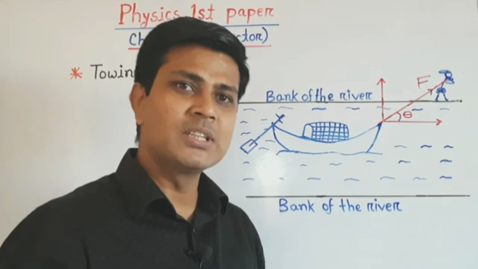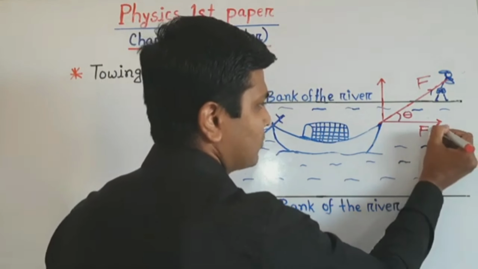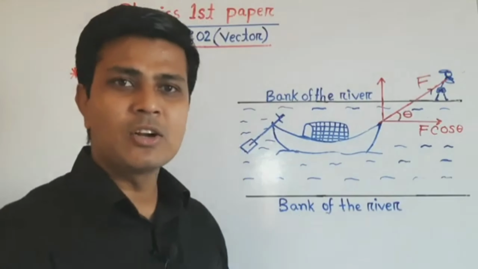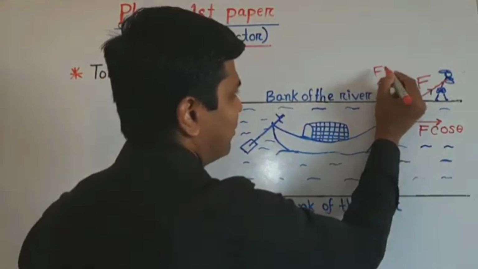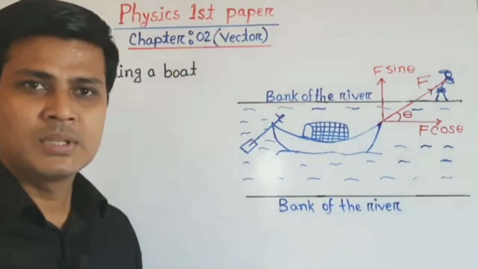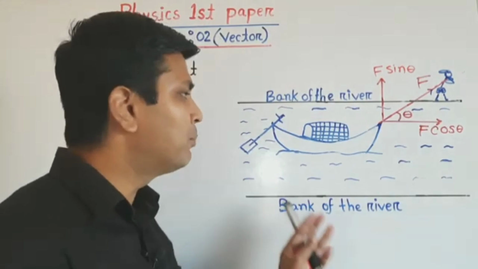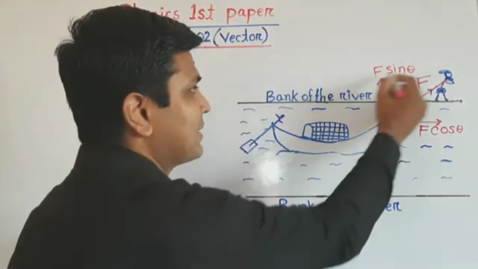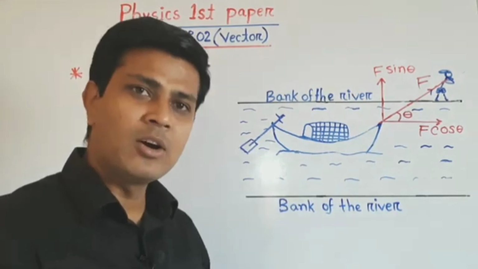As you know, the horizontal component of the vector resolution is F cos theta, and the vertical component of the applied force will be F sin theta. Here F cos theta is responsible for moving the boat in the forward direction, and the vertical component F sin theta pulls the boat towards the bank of the river.